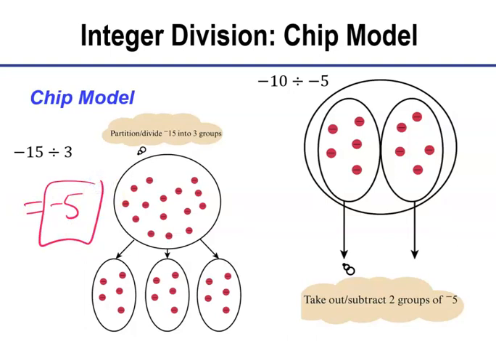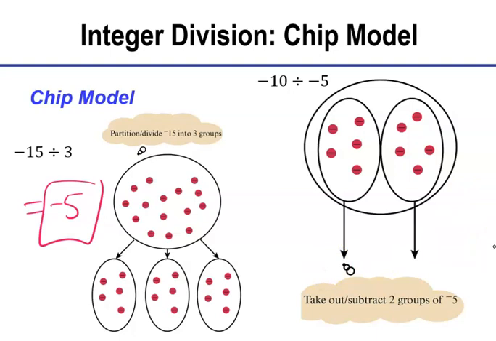Now on the other hand, imagine how we're going to do the second example. You see at the top is negative 10 divided by negative 5. So we could start with negative 10, so 10 negative chips. If we were dividing by 5, we would just have 5 partitions down here, and we would split the chips into each one.